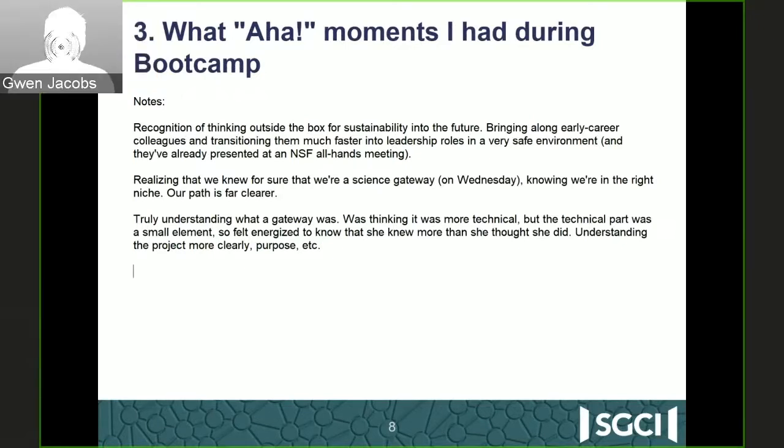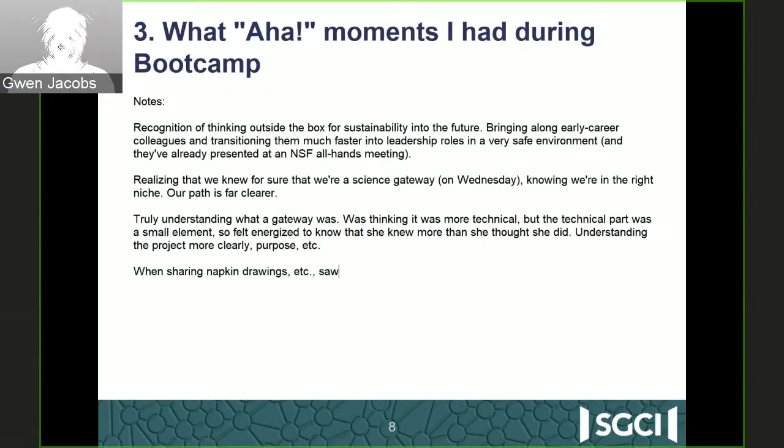So I think my aha moment was really as the groups were sharing, as we were sharing our napkin drawings and the other things as we went through the workshop. What really was surprising to me is the diversity of projects that we had in our cohort was amazingly broad.